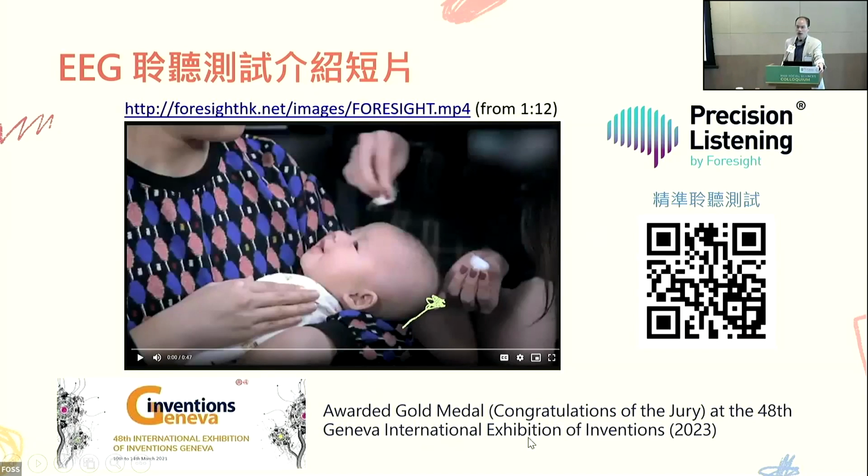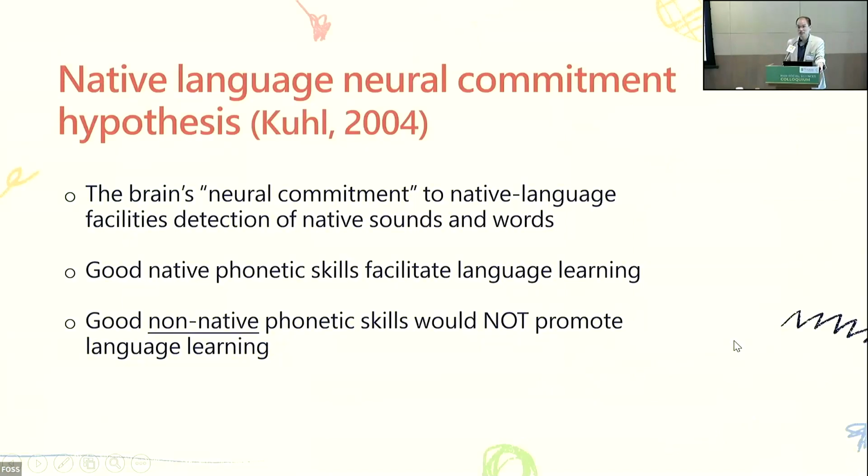This is patented technology that we have. We won the gold medal from the International Exhibition of Inventions in Geneva about a year ago, thankfully. If you're interested, you can go to this QR code and look at how it's done. It's being commercialized in Hong Kong.